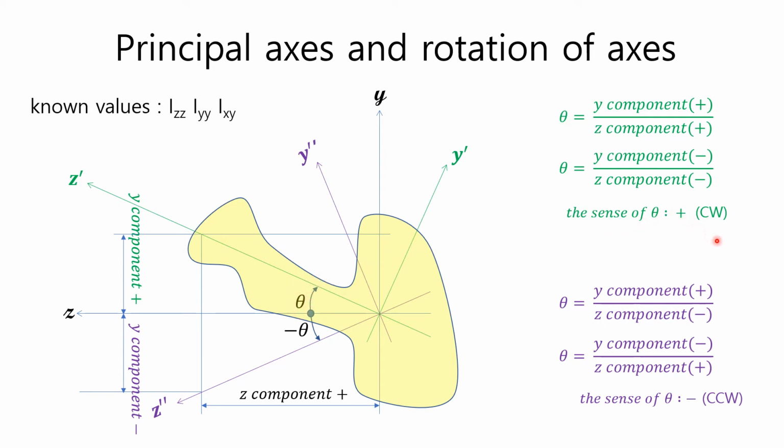And if the signs of the two components are different from each other, like this, the sign of theta is minus, meaning counterclockwise, like this. This is very important because we find the principal axis with theta. If we interpret the sign of theta in the wrong way, we end up with the wrong principal axis.